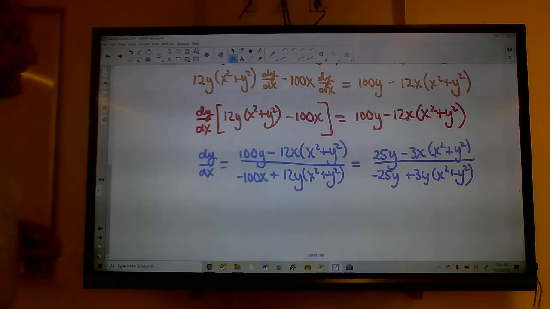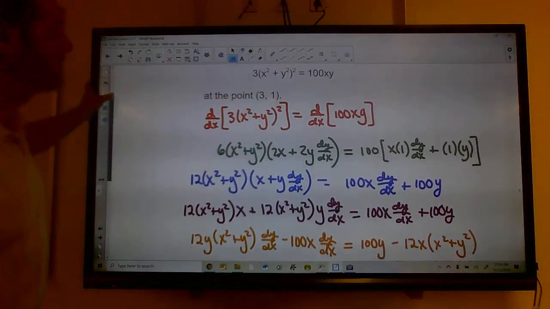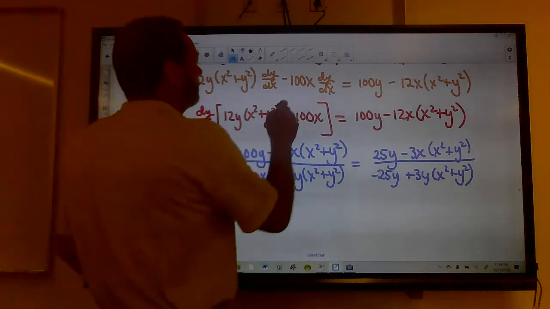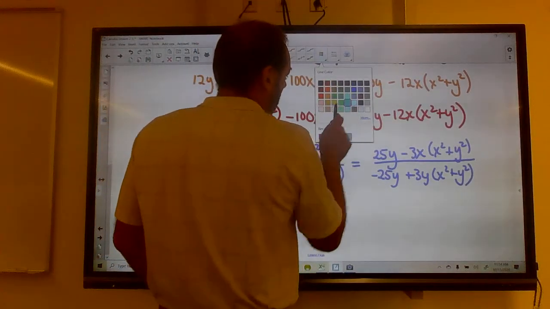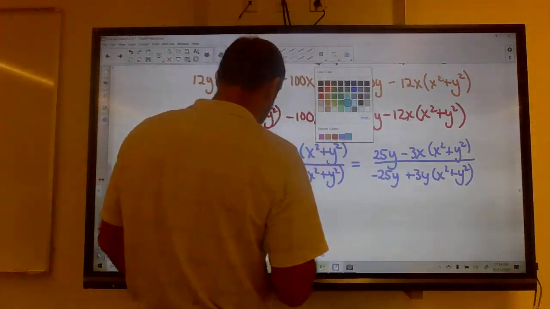So now I know what the derivative is. There's the derivative, that's the slope. And I want to know the slope at a particular point, at the point (3, 1). So all I'm going to do is plug 3, 1 into this equation.